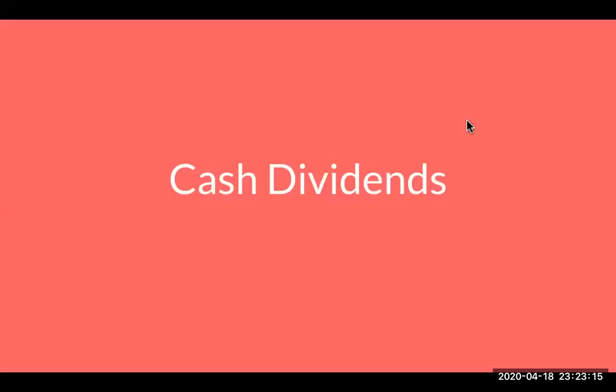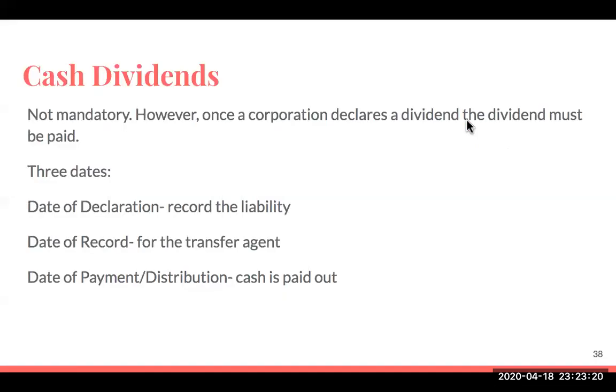So we're going to be talking today about cash dividends. The important thing to remember is that cash dividends are not mandatory. A company is not required to give a cash dividend to its shareholders. Generally, in order to issue a dividend, and again, what is a dividend?